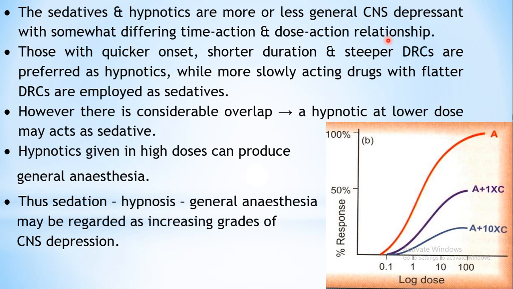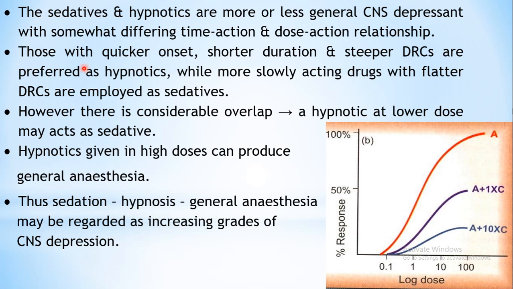That is, the same drug in a lower dose may act as a sedative, and the same drug in a higher dose may have the hypnotic property. That is the reason why we are studying both these drugs in the same chapter. Now which type of drugs you are going to prefer as a sedative, and which are the agents you are going to prefer as hypnotic.